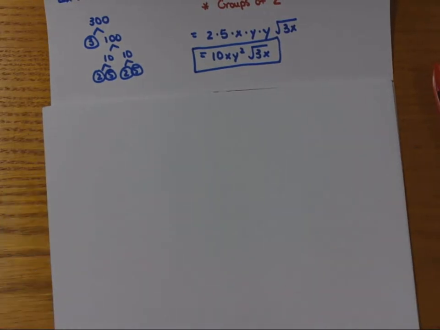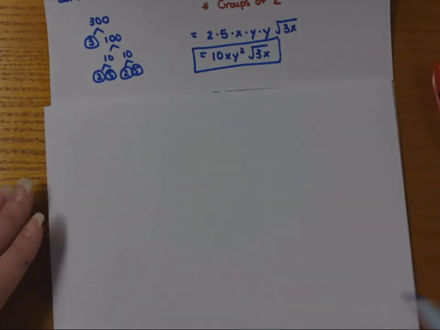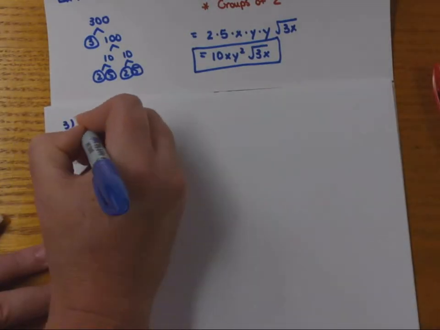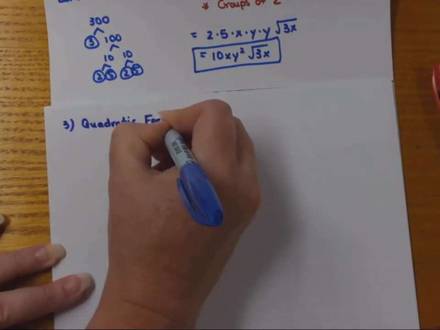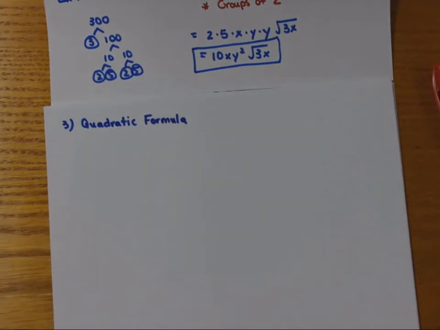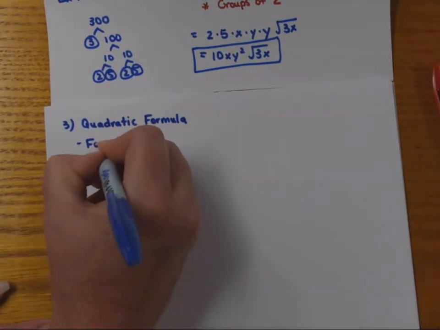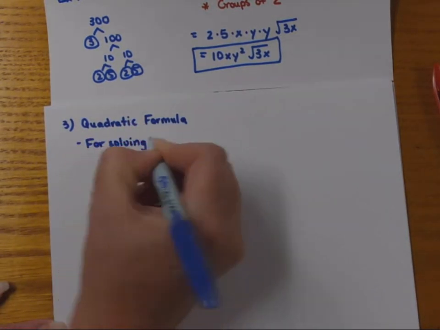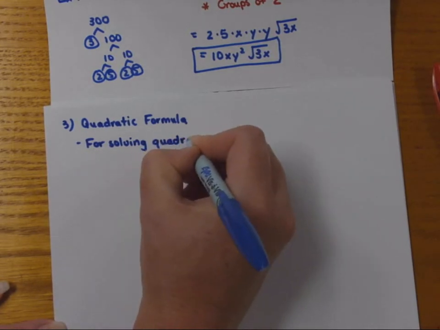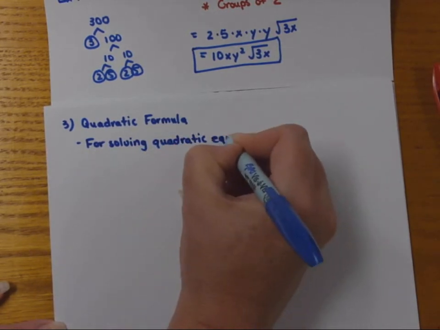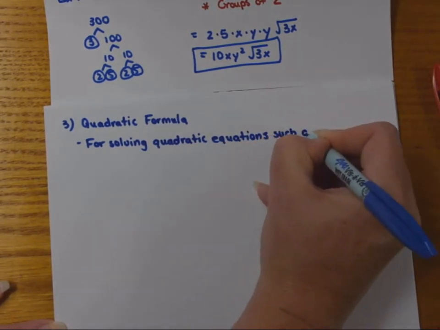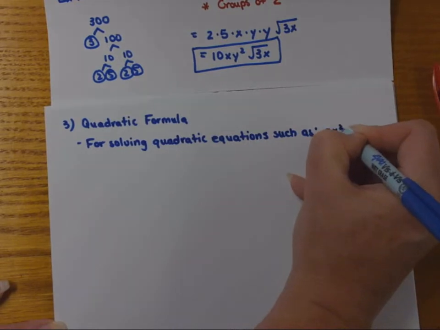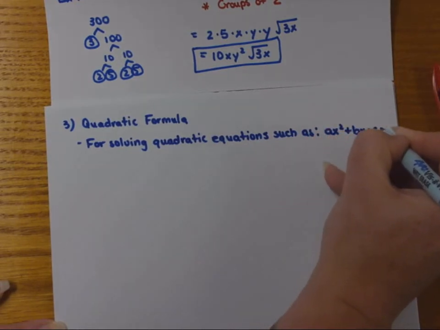Okay, so next let's look at the quadratic formula. Okay, so the quadratic formula is basically for solving quadratic equations such as ax squared plus bx plus c equals 0.